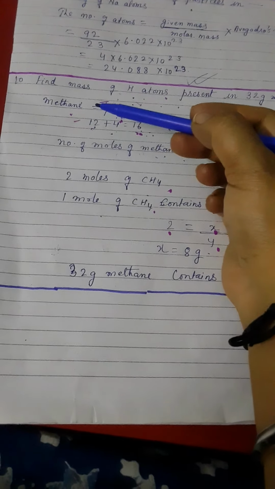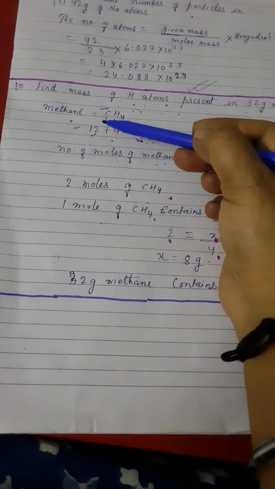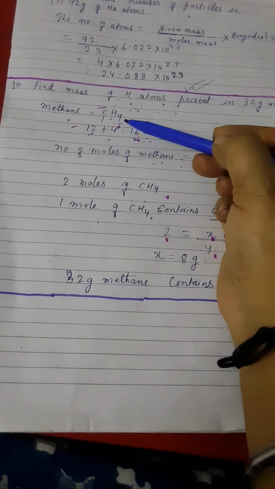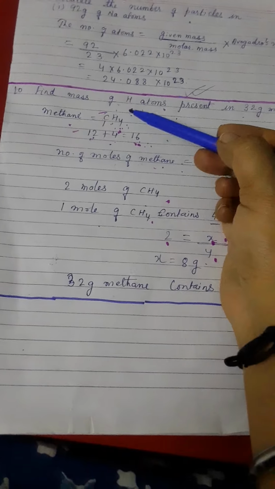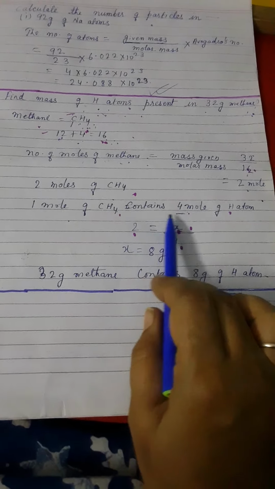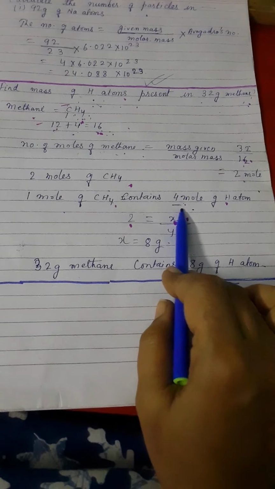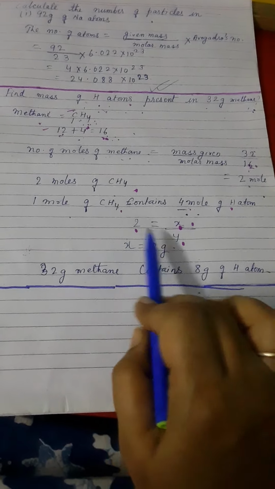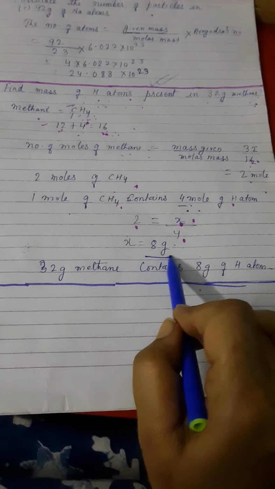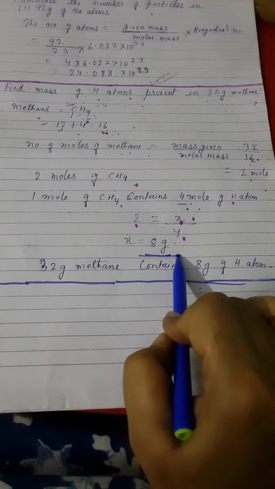We have just done this type of question. This is 2 moles of methane and 4 hydrogen atoms are present. So 2 into 4, that is 8. Okay. 1 mole of CH4 contains how many moles of hydrogen atoms? 4 moles. So 2 moles will contain 2 into 4, 8 gram of hydrogen atoms.